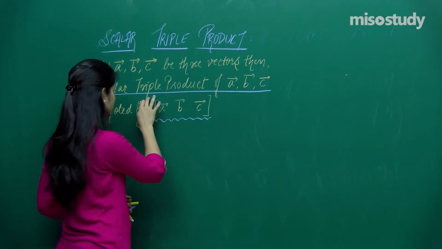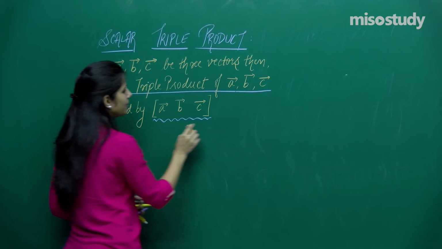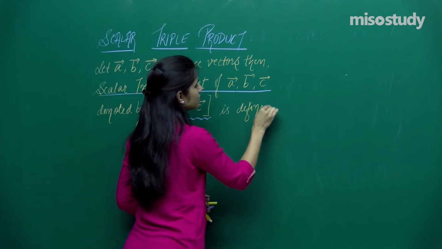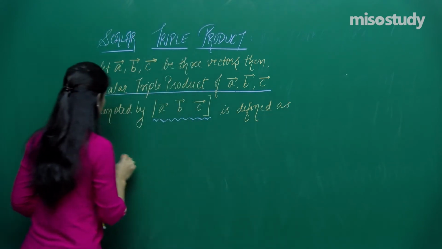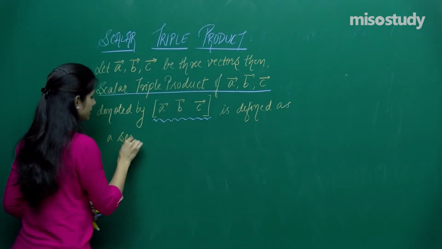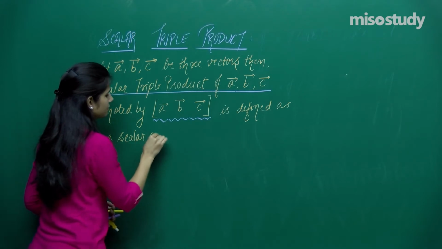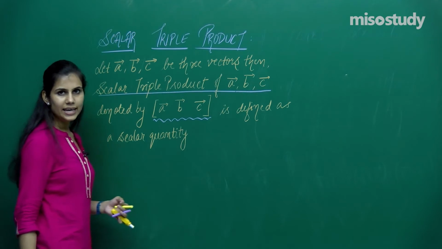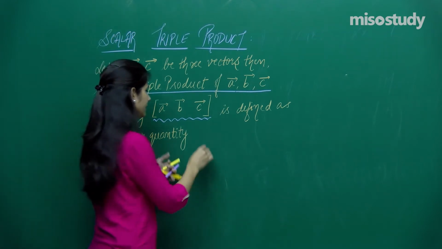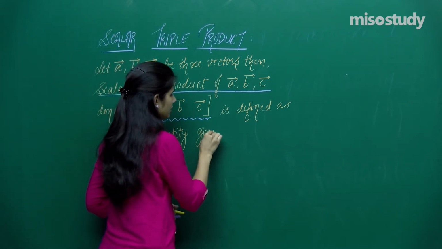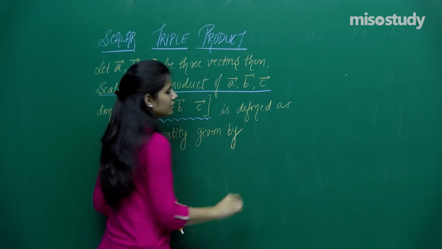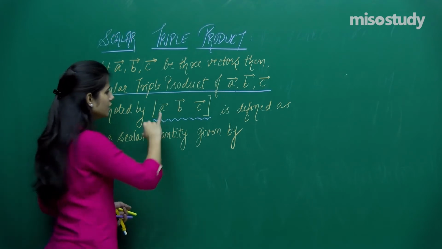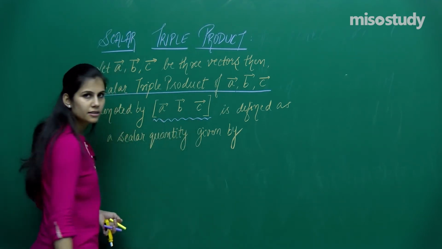Now, scalar triple product of ABC denoted by this is defined as a scalar quantity given by, so see, this is the order in which this is written, first A, then B, then C. Here order matters.